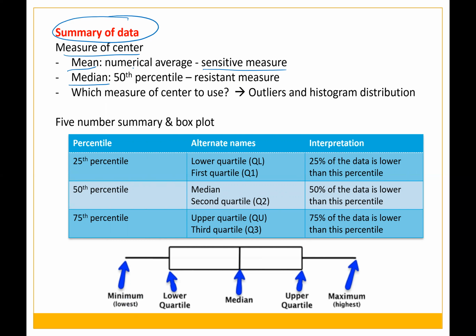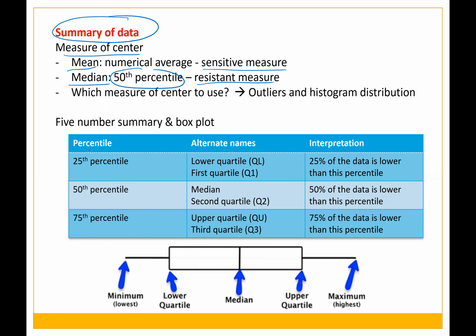The median is the 50th percentile, and the best way to find it, I would say the only way, is to put all of the values in order from smallest to biggest and pick the middle value. It's a resistant measure, so it's usually the one that goes against outliers.